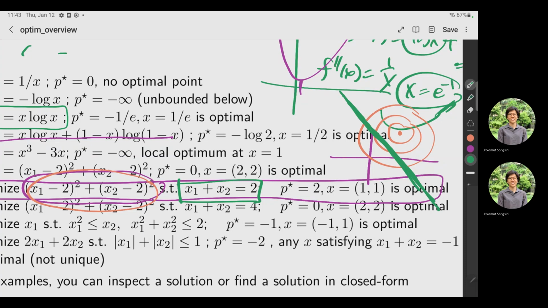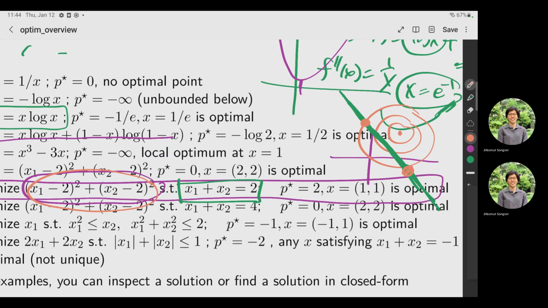No. Why can't I pick this big contour? This is my x, on the green line, perfectly on the constraint. That is not optimal because it still corresponds to a big function value.